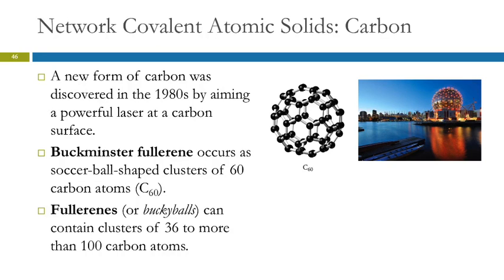This is called Buckminster Fullerene, and of course there's a history behind that name, but they're soccer ball-shaped clusters of 60 carbon atoms. Fullerenes in general, also known as buckyballs, contain clusters of from about 36 carbon atoms to more than 100 carbon atoms. So you can make one that's C60, but you can make other sizes as well.